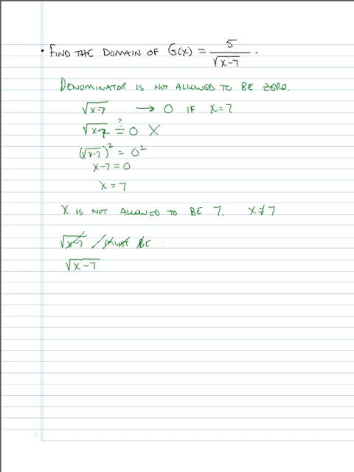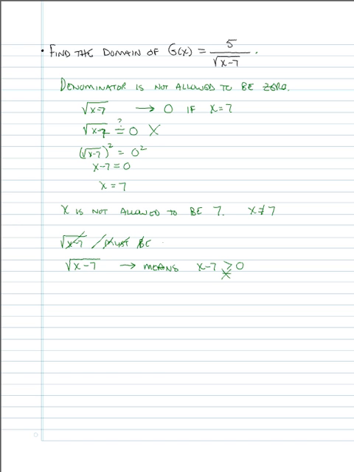Generally, that means that x minus 7 underneath the radical must be either positive, that's greater than 0, or equal to 0. But we can't let it be equal to 0 because then we would have a denominator of 0. So in this case, we've got to make strictly the case that x minus 7 has to be greater than 0, not equal to 0.